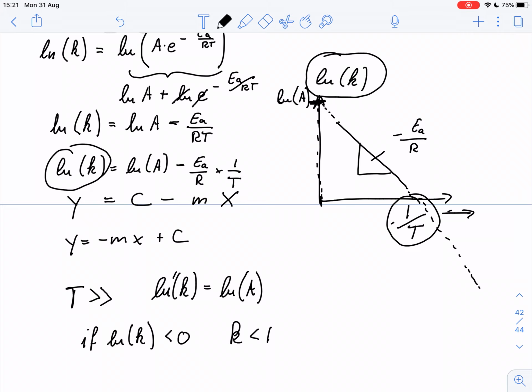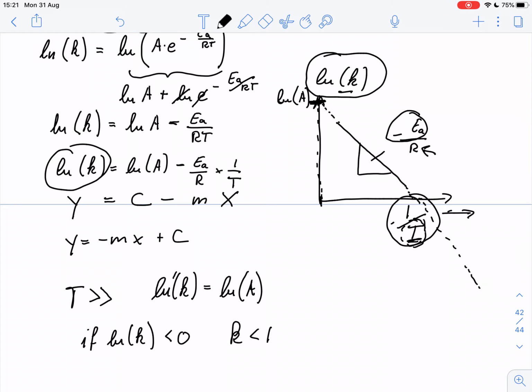So with that, we can also easily find, if we have different temperatures and we determine the ln k, we can actually calculate what our activation energy is, because this R really is nothing but an ordinary constant, which is very well known.